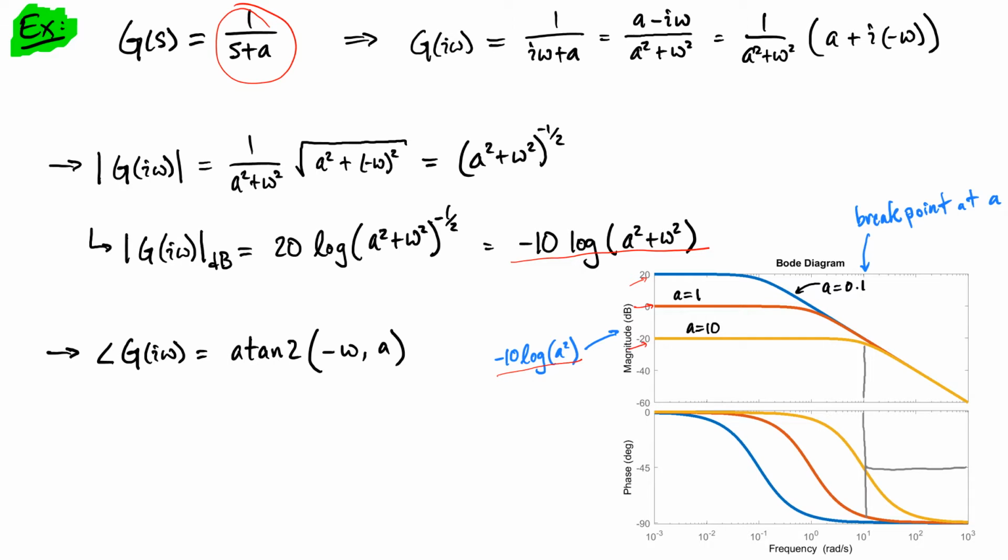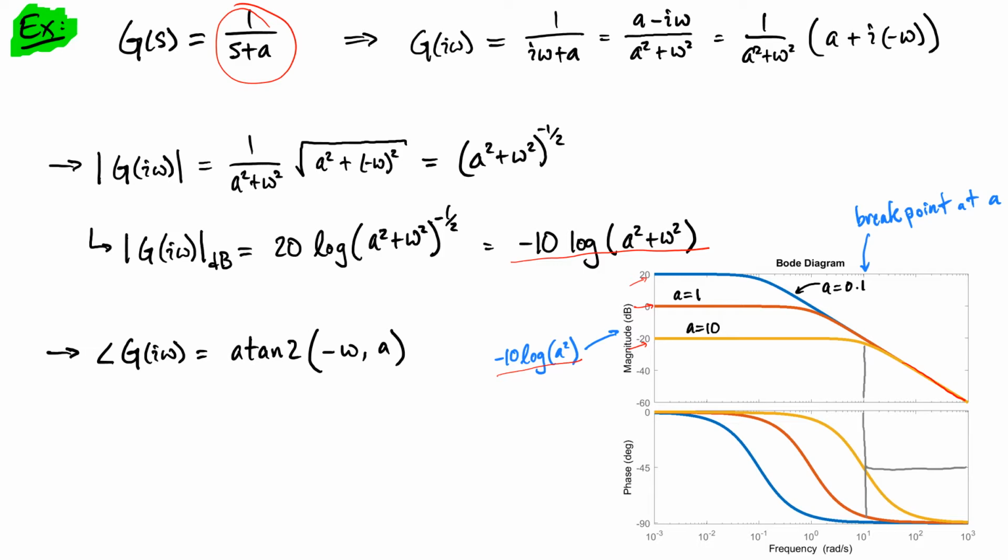So what that's ultimately doing is it's shifting that kind of y-intercept value based on what the value of the pole is. Again, at large values, you get minus 20 dB per decade, just like we did before, because at that point in time, omega is larger than a. And so again, that breakpoint is around when omega is equal to a.